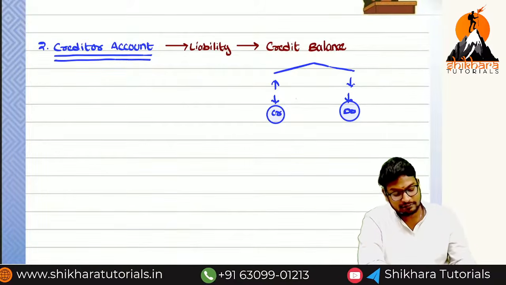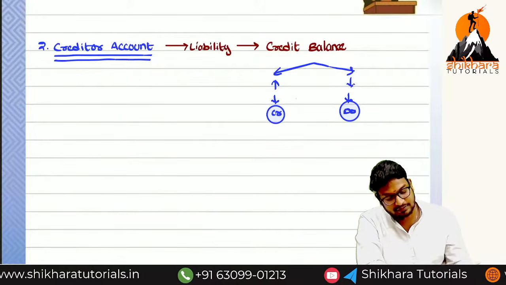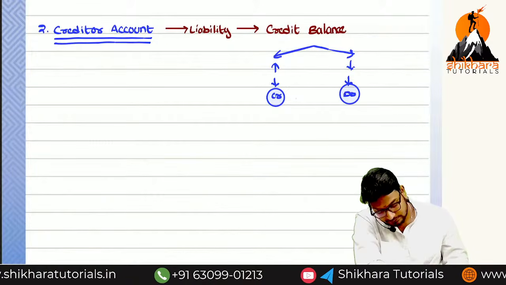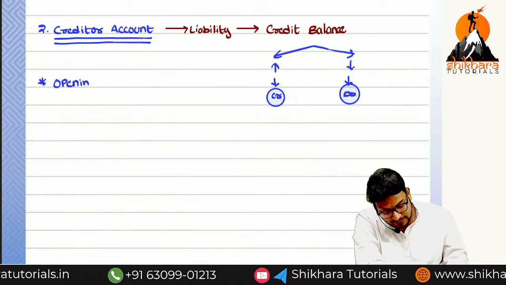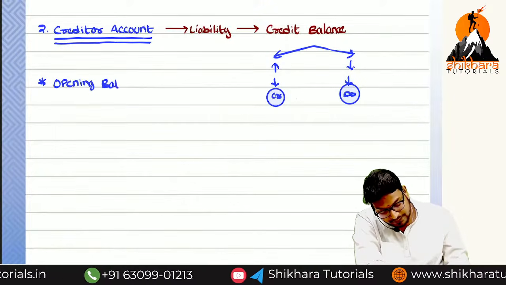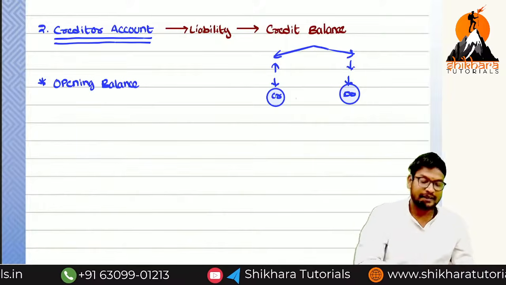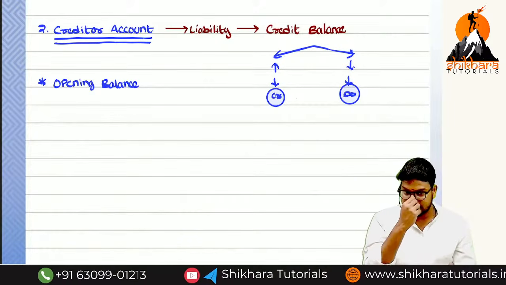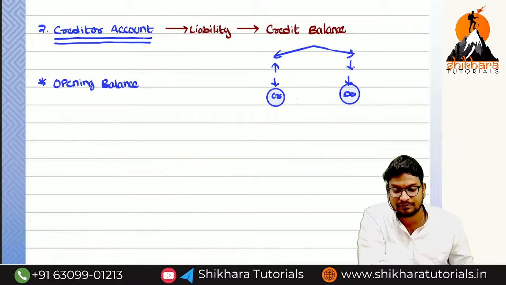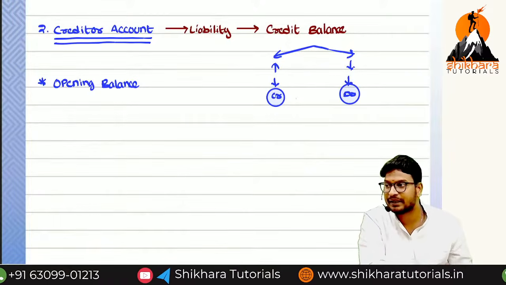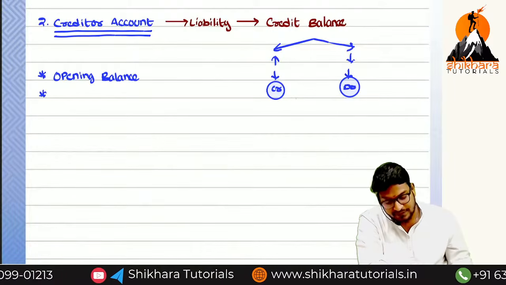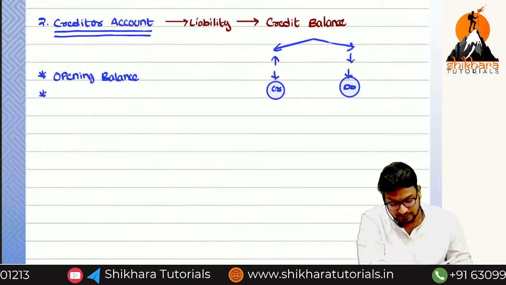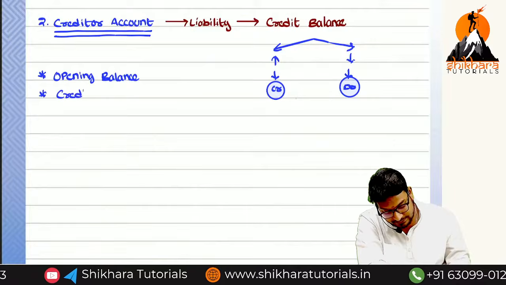So now let us see what other transactions are coming into the picture. So first one, as usual, opening balance will be there or will not be there? Will be there, because liabilities are shown in the balance sheet. If any item is available in the balance sheet, it is going to have an opening balance and closing balance. So the next item is credit purchase or credit sales, amma? Credit purchases.